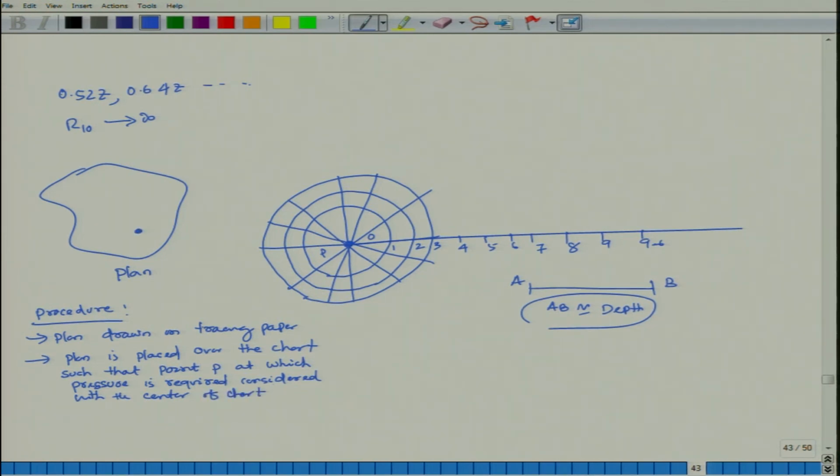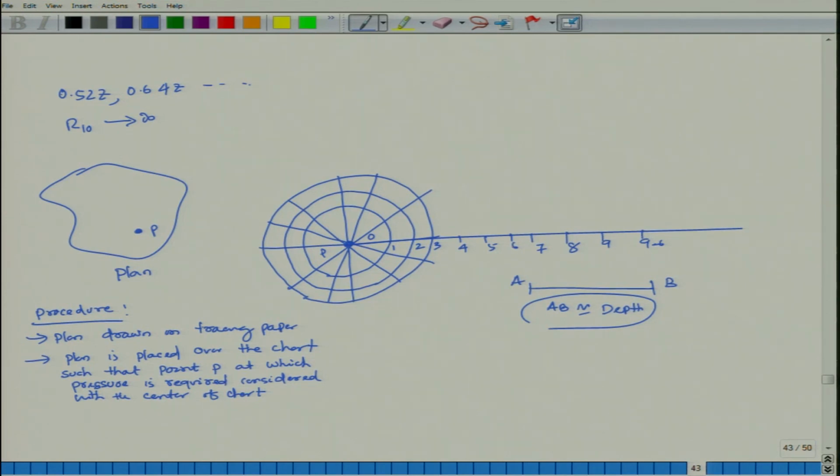Suppose here is the point P; you prepare it on the tracing paper, then the plan is placed in such a way that point P is your center of the chart, merged at point O.